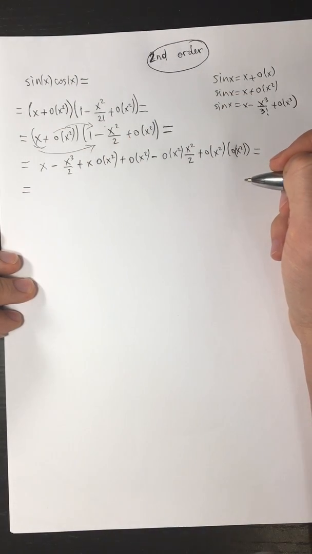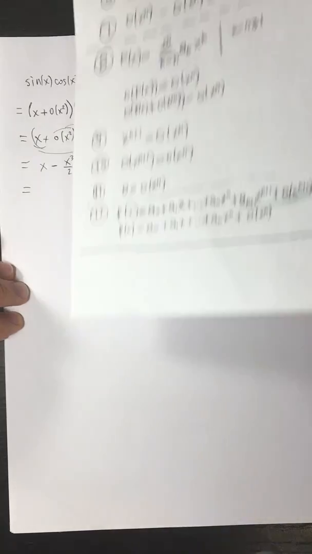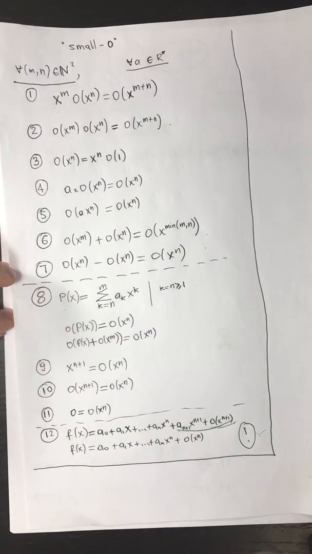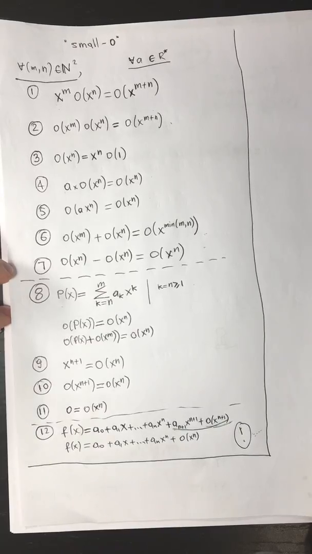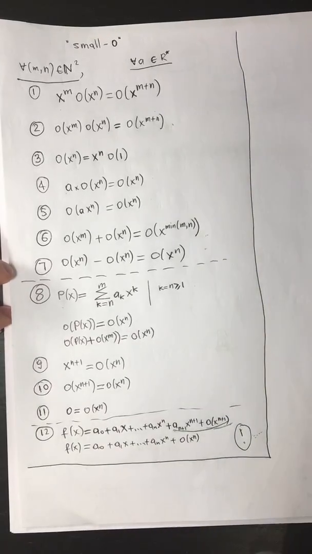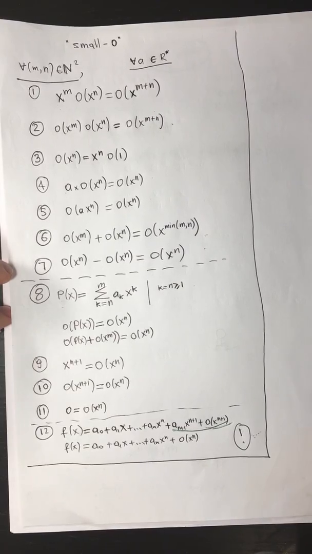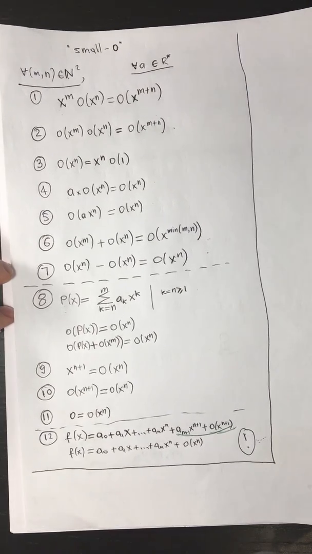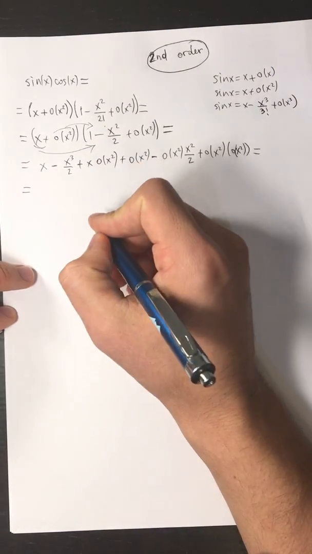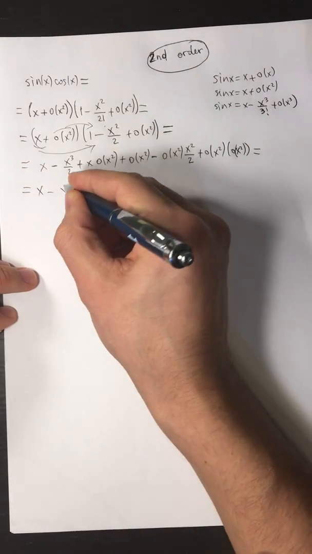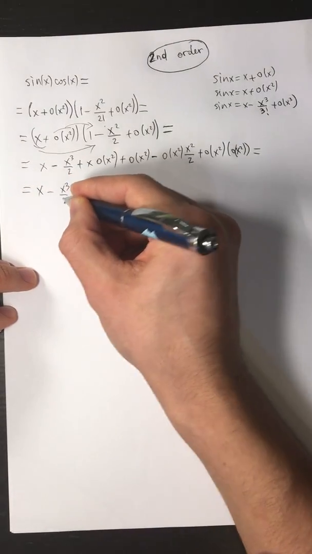Now what can I do? I'm going to be using the formulas here. I want you to focus on this one. If you don't understand this, pause the video and rewrite this. I'm going to be using these formulas right now. I write x minus x cubed divided by 2.